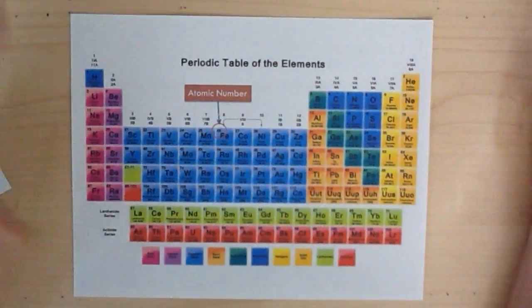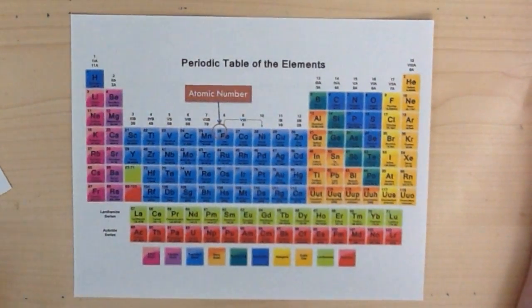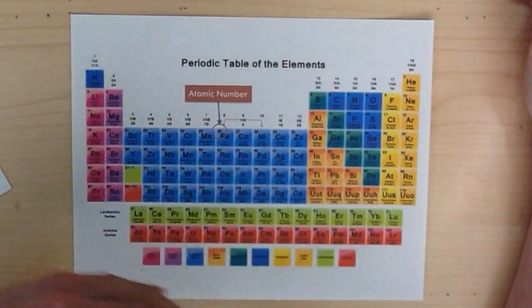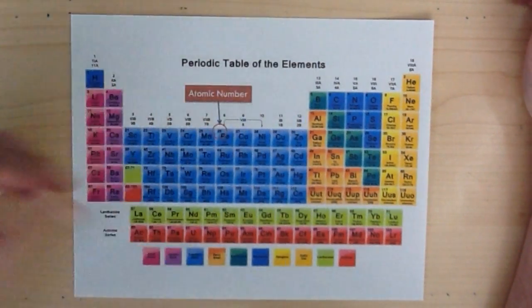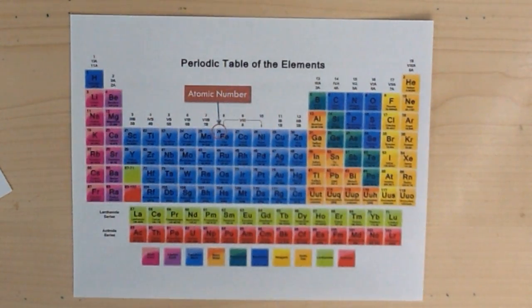I want to remind you also of something that you should have seen before, and that is the periodic table, right? So here we have this chart that's organized by different groupings, and one of the key numbers here, of course, is the atomic number. And the atomic number is not only the number of protons that are in the nucleus, but it's also the number of electrons in the element.